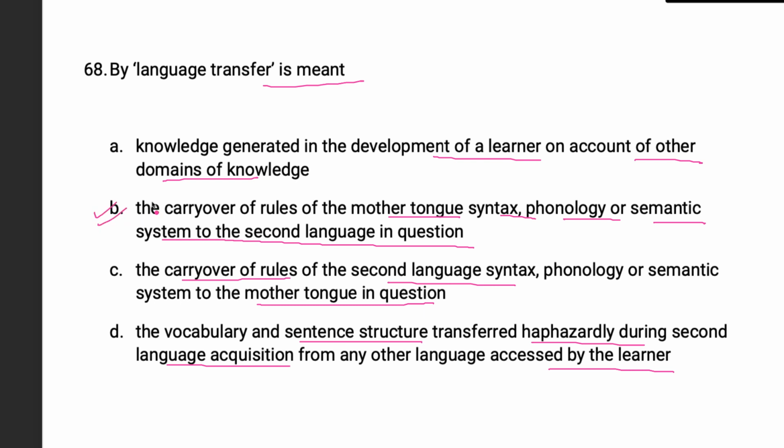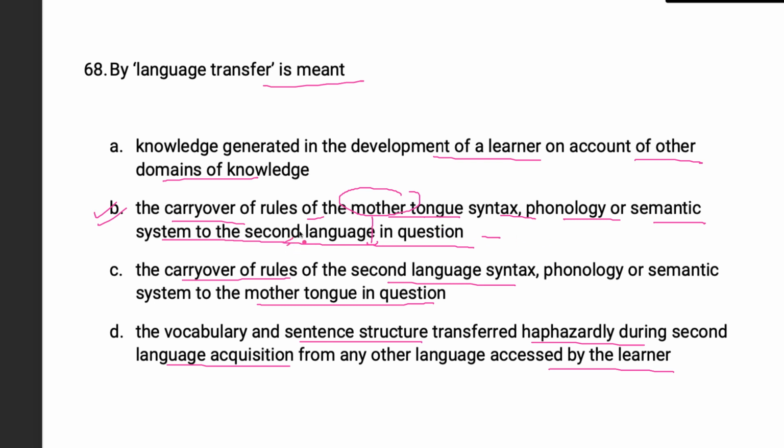Language transfer, when we carry forward the rules, the grammar, the phonology, the morphology, the phonetics of our mother tongue to the target second language. That is to say, when we try to understand a foreign language or a second language with the help of the grammar or the phonology or the phonetic system of our mother tongue.